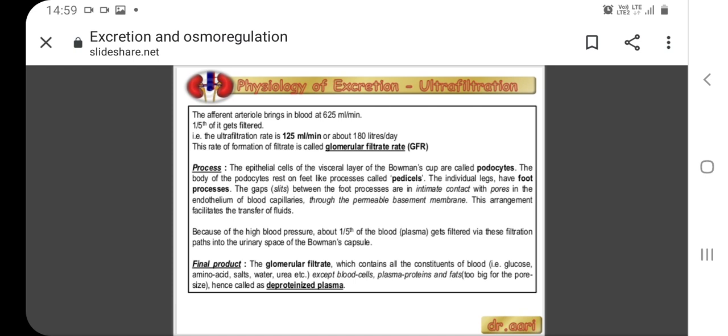The ultrafiltration rate is 125 ml per minute, or it may be about 180 liters per day. This rate of formation of filtrate is called the glomerular filtrate rate.